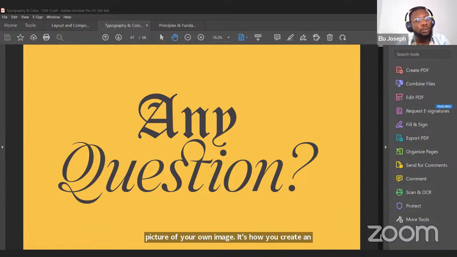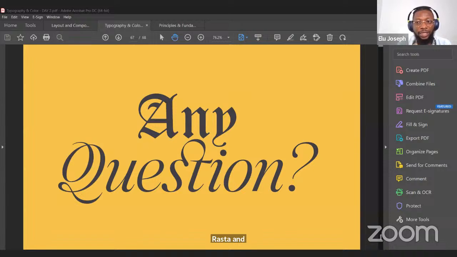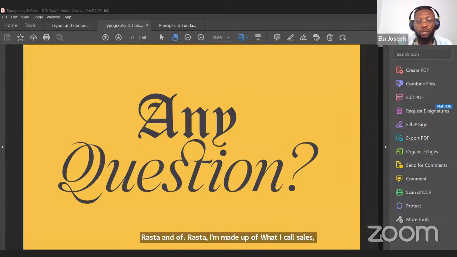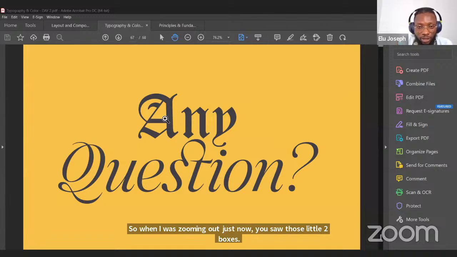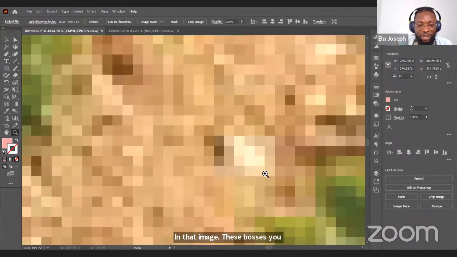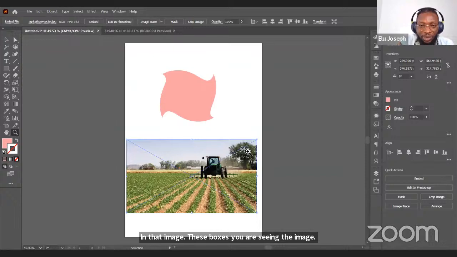Okay. Now, what's the difference between raster and vector? That's what I just explained. Raster images are made up of what I call pixels. When I was zooming out just now, you saw those little boxes in that image. These are pixels. This is a raster image.